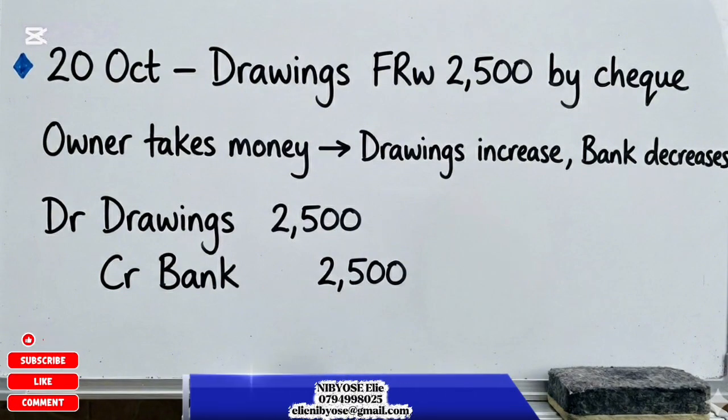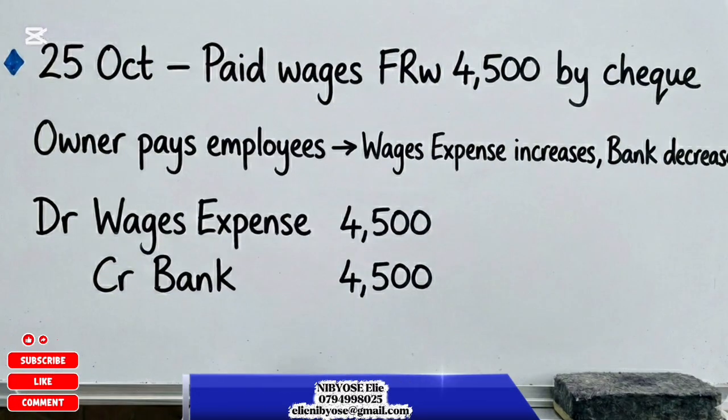So we have to debit drawing account and we credit bank account as an asset, reducing both by 2,500 francs.